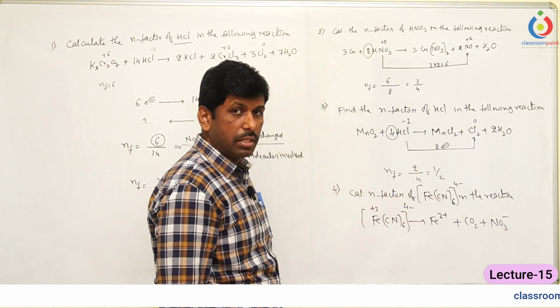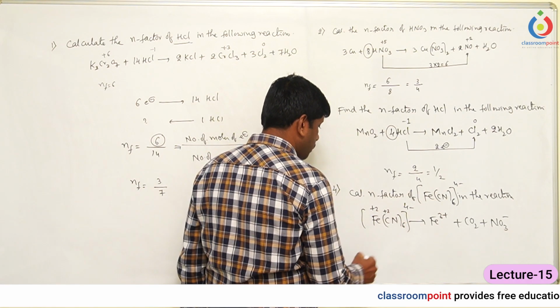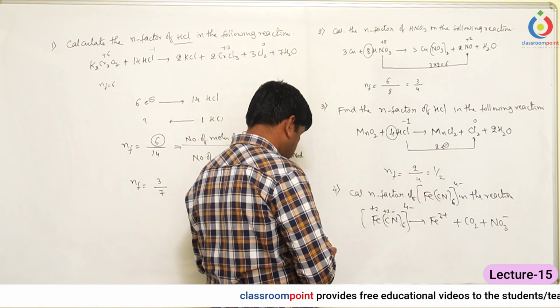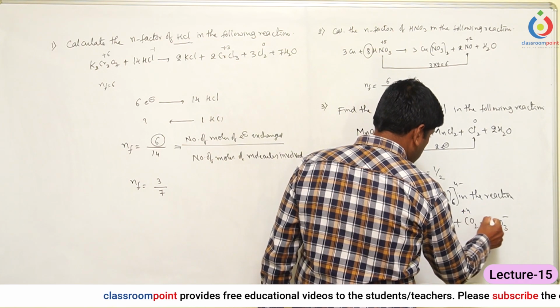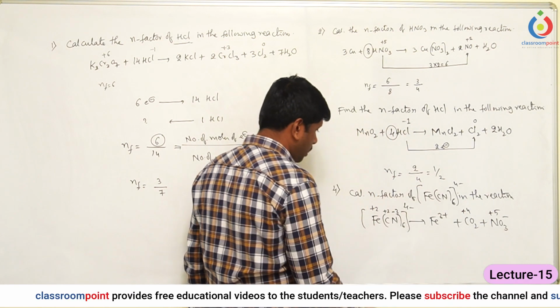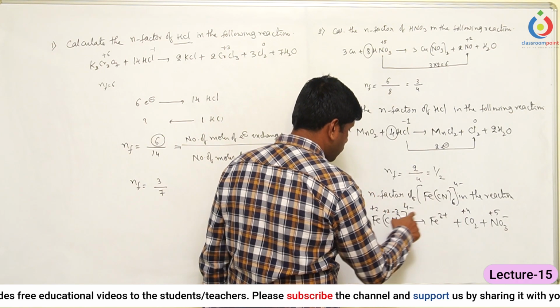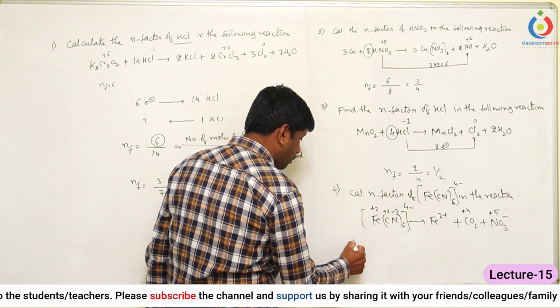the iron oxidation state is +2, carbon oxidation state +2, nitrogen oxidation state to be taken as -3, then here it is +4, here it is equal to +5. Iron oxidation state increased, carbon oxidation state increased, and nitrogen oxidation state also increased. So apply the formula.